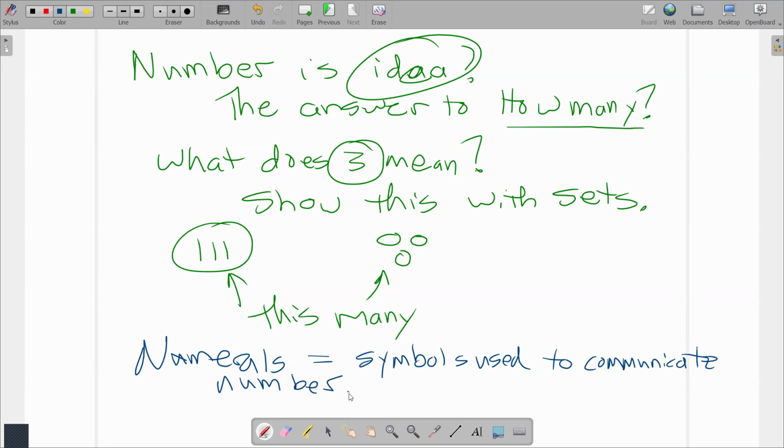The symbols we use are mostly used throughout the world, but there are some cultures that still use different symbols for these numerals. These are ways we have of writing down the idea of a number like 3, or the idea of a number like 100, and so on.